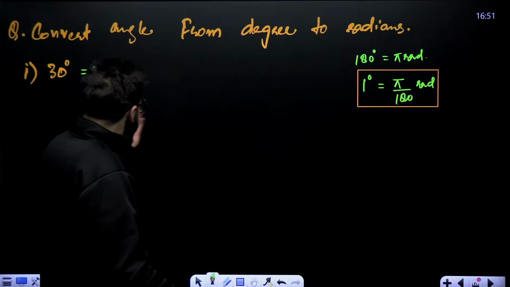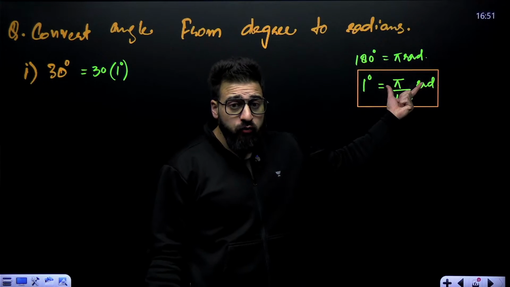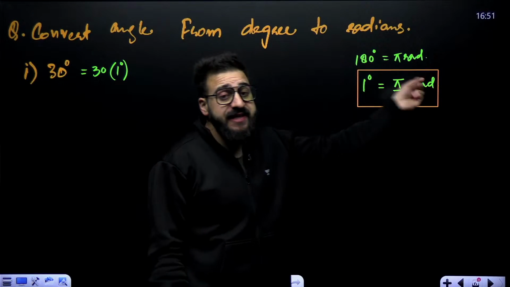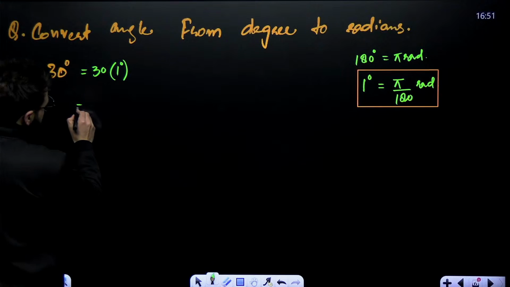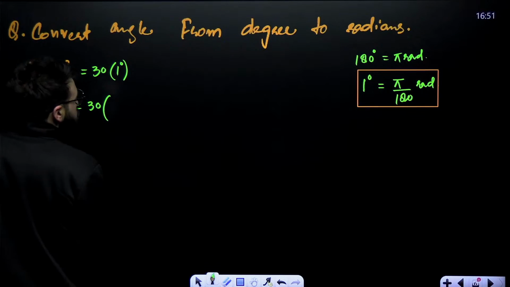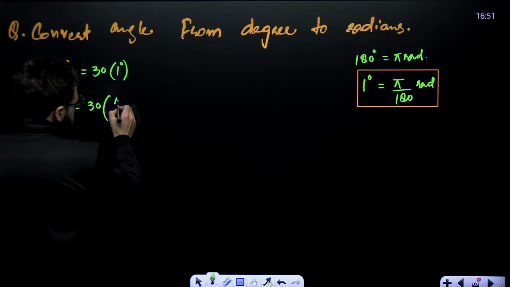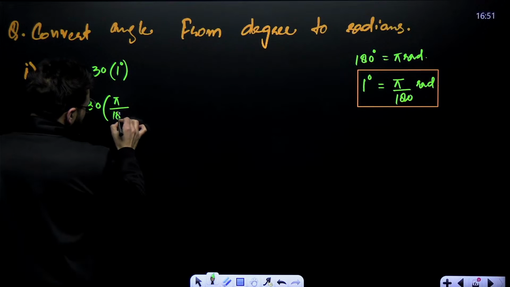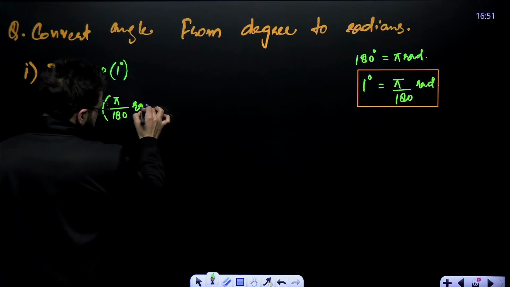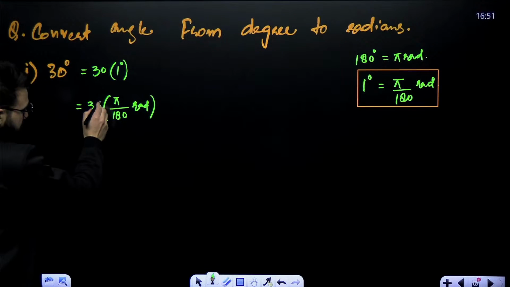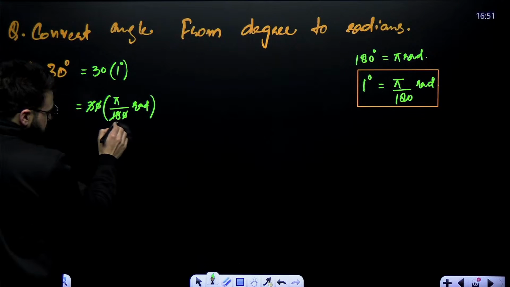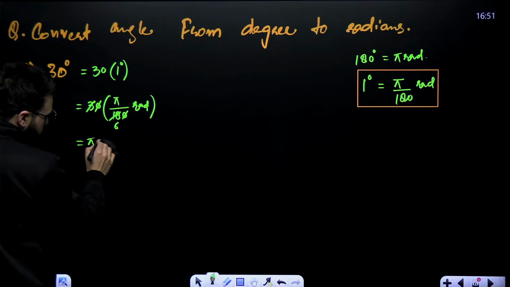Now, here, what is the value of 1 degree? That is pi by 180 radians. So, I'll just write over here 30 into, instead of 1 degree, pi divided by 180 radians. Now, guys, cancel this and this. 3 ones are 3, 3 sixes are 18. This will come out to be pi by 6.